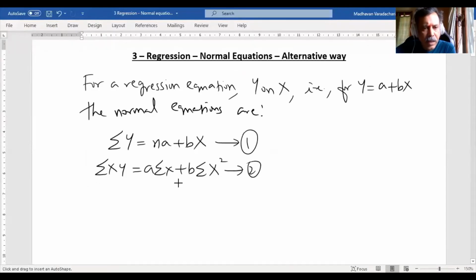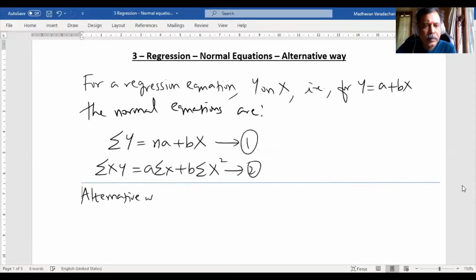I will say, the alternative way of arriving at normal equations.